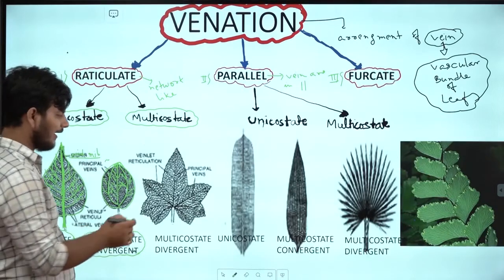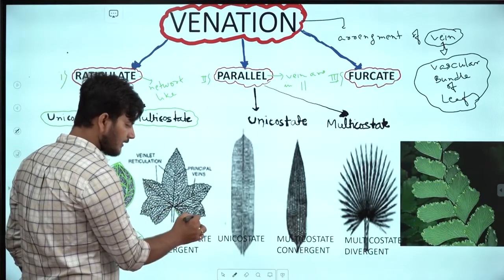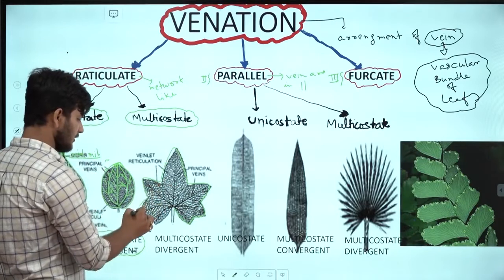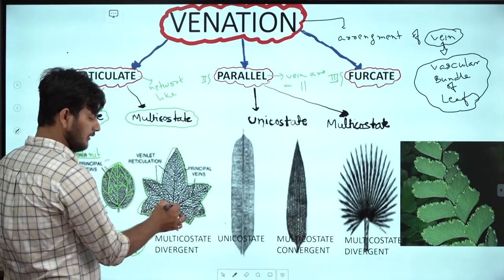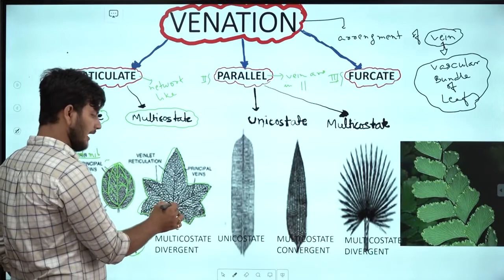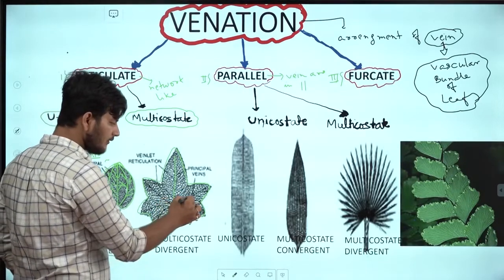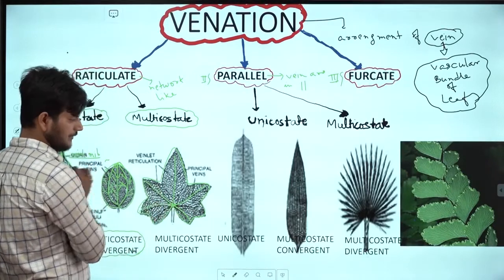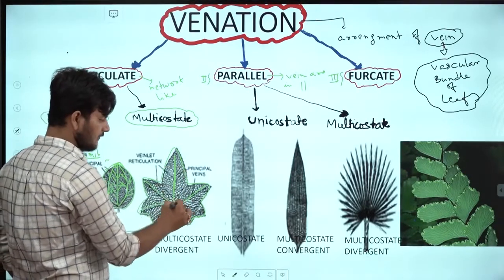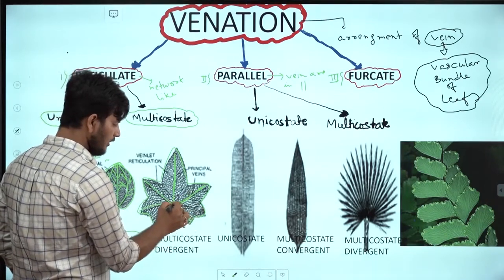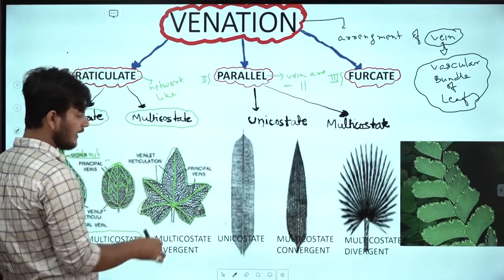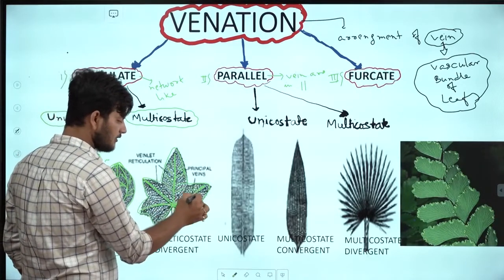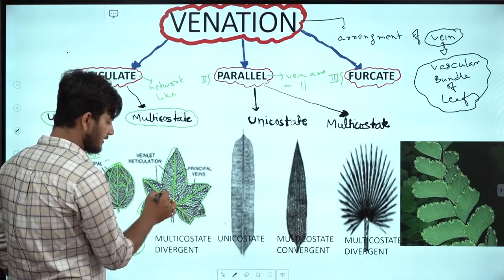While in this figure, what do you find different from the previous one? Here there is no midrib concept, and another interesting point is that all the main veins are diverging from a point. This one diverges from it, this one diverges from it, all the ribs diverge from it. From these, a number of secondary veins originate like this, as I am showing in the figure.